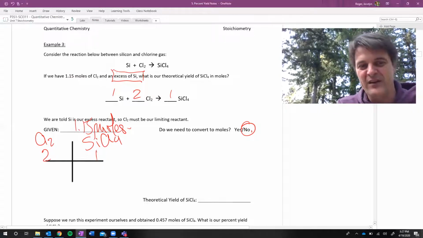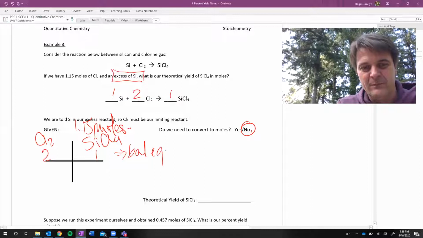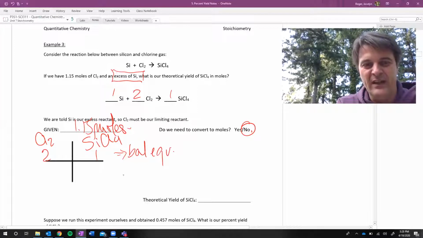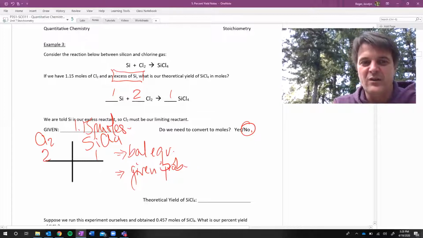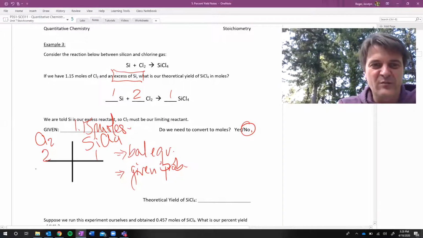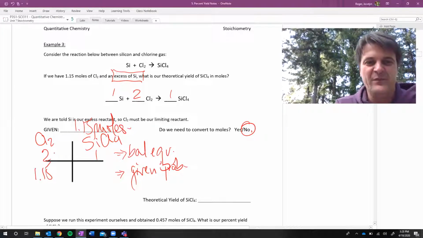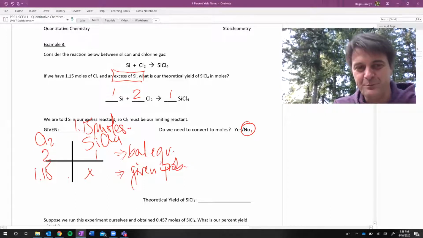Remember, the top line is always from the balanced equation, and the bottom line is what you're given in the problem. So in the problem, we're given 1.15 moles of Cl2. So what are we going to make?